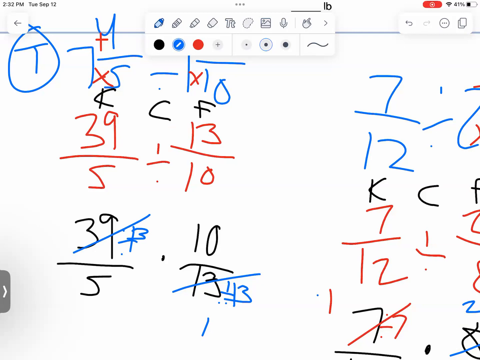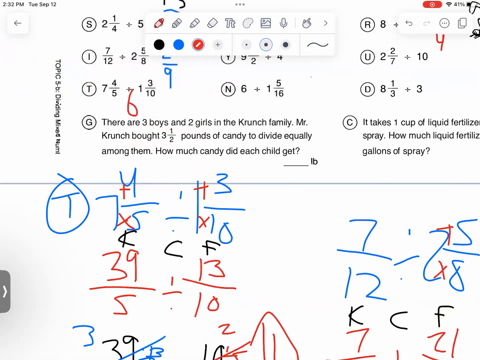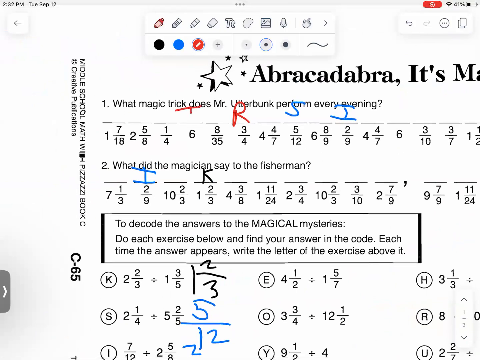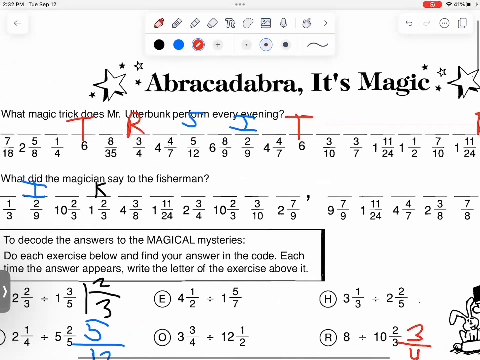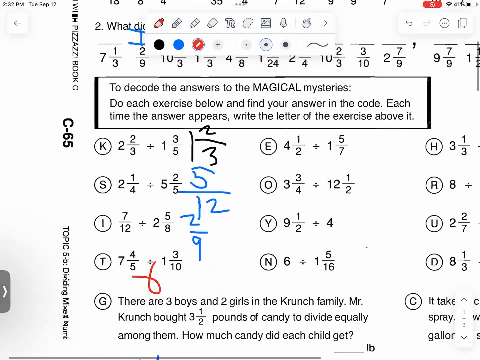And 5 is a factor of 10. So we have 3 times 2 is 6 on the top and just a 1 on the bottom. So our answer is 6. So T is 6. All right, and there's a T right here. And I think that's it.